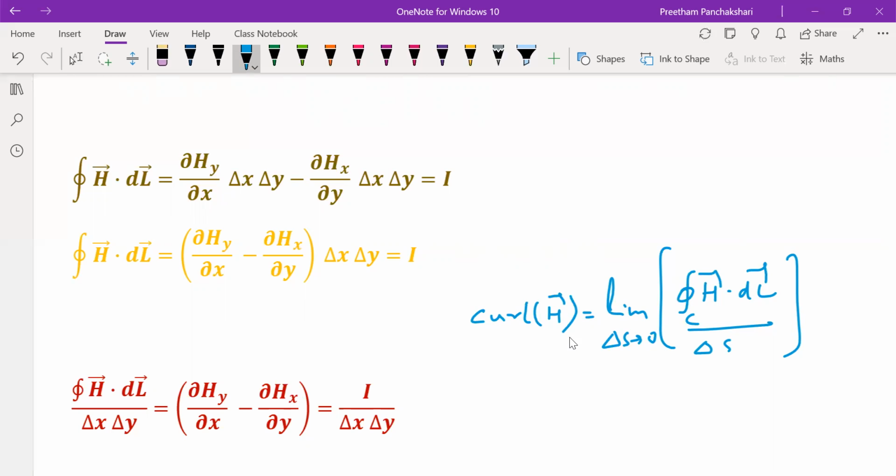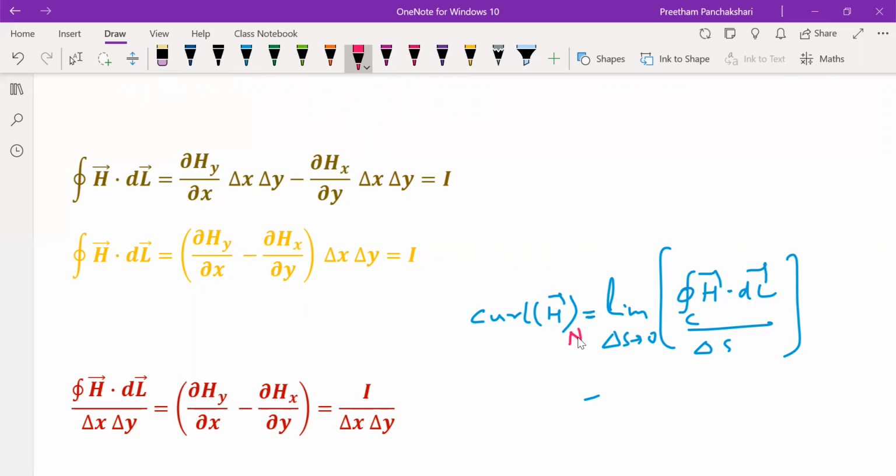And look at the consequences. Curl H is a vector operation, but the right side is a dot product, which is a scalar operation. So that's why the left side is not having the vector form. It's going to be a component of the vector. We introduce n here.